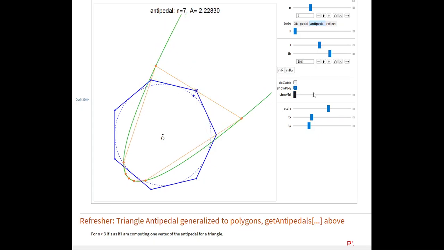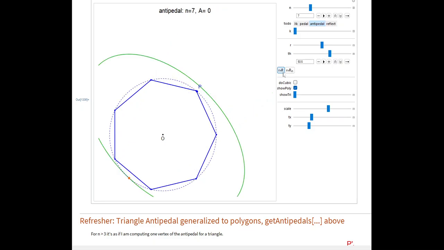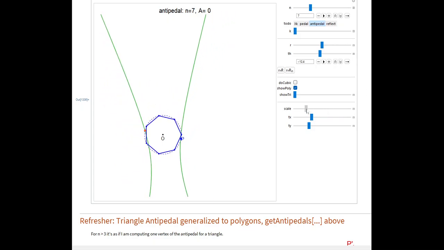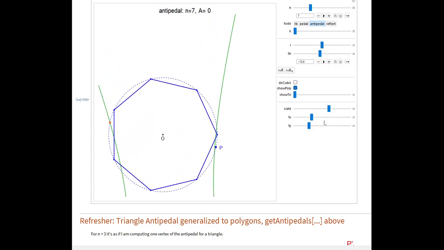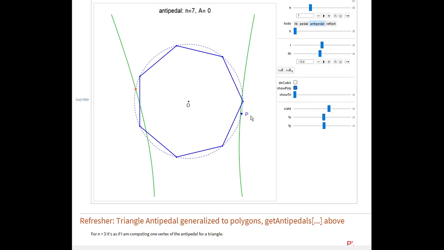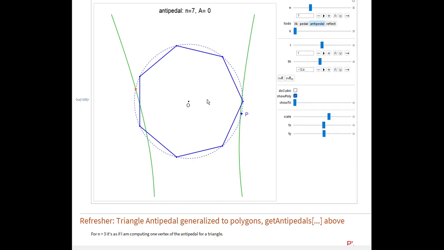What happens if P lies on the circumcircle? Now here, this is giving me some numerical instability. When P is on the circumcircle, I don't know if this is correct, but as far as I can tell, all the antipedal points, if P is on the circumcircle, become the antipode of P. They congregate at the antipode of P. Let's just perturb the radius of the circle by a tiny amount forward.